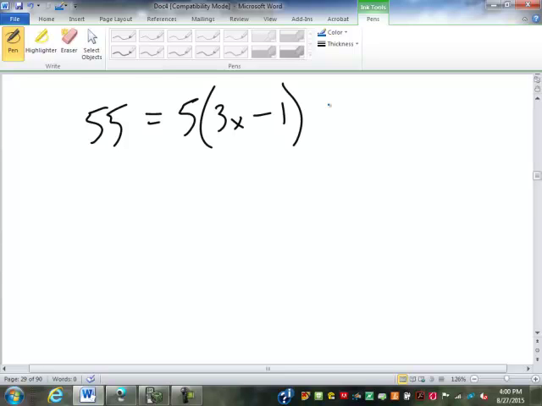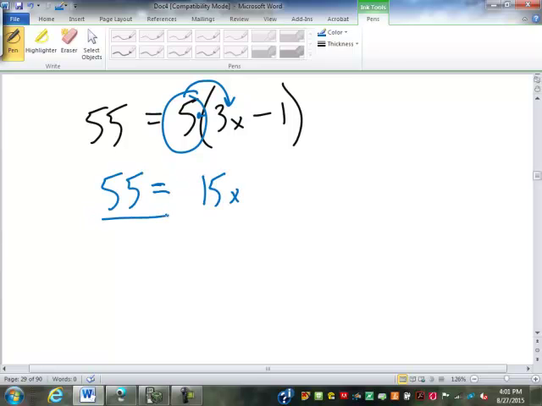And just like we talked about before, is there anything to do inside those parentheses? No. Is there anything that needs to be done to the parentheses? Distribute the 5. So 5 times 3x is 15x. You'll notice nothing over here changes. I'll just leave that 55 equals over there. What's next?